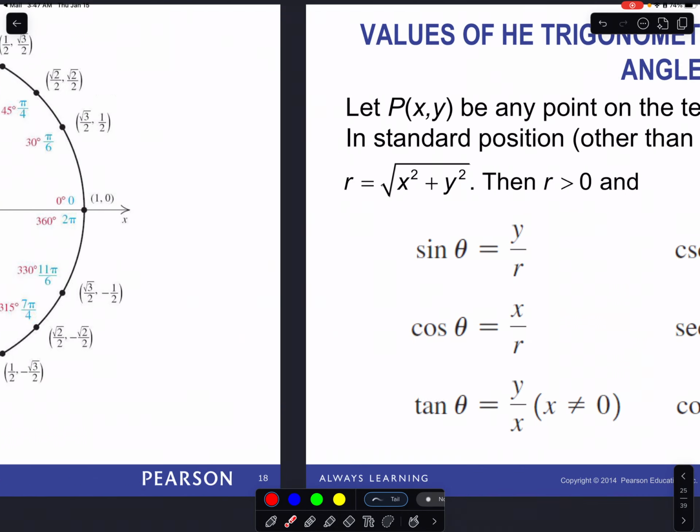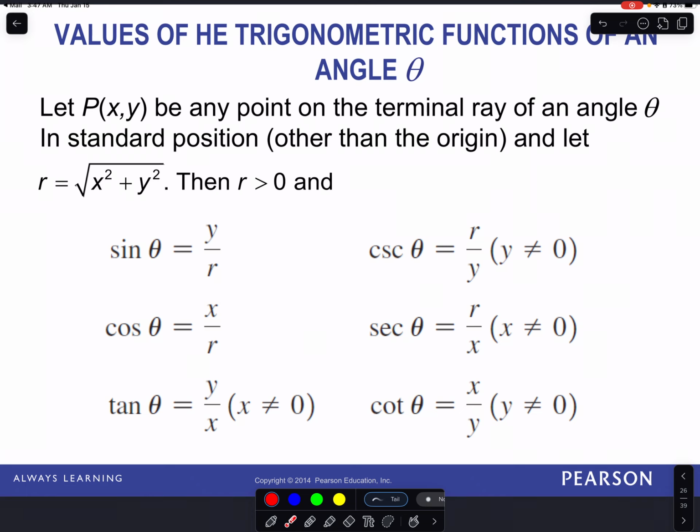So the values of the trig functions of an angle theta. Let P, identified by the ordered pair x, y, be any point on the terminal ray of an angle theta in standard position other than the origin, and let R equal the square root of x squared plus y squared.